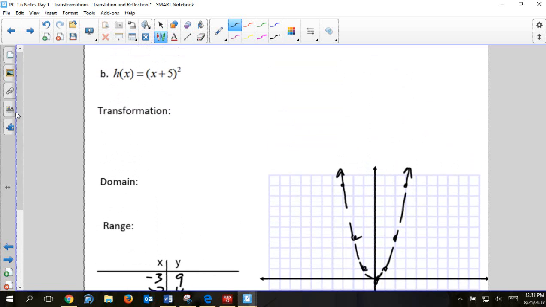And this one is h plus 5 quantity squared. So since we have parentheses, what kind of transformation is it? Horizontal, right? And since it's horizontal, it's always opposite of what you see. So it says plus 5. Where am I actually going to translate? Left 5 units.